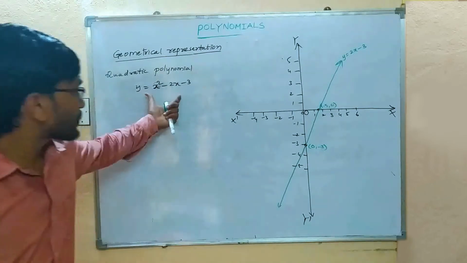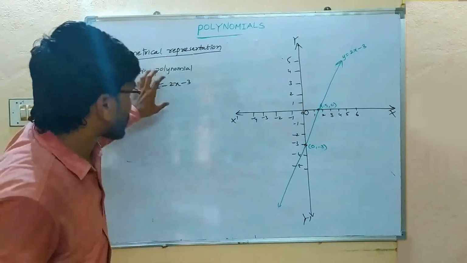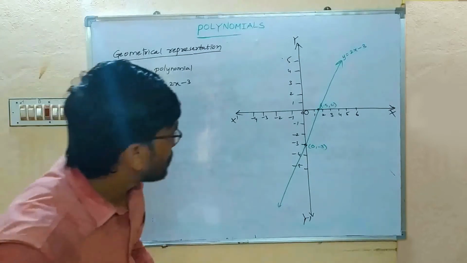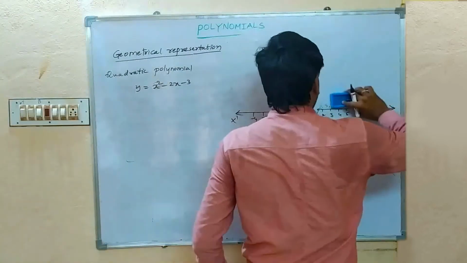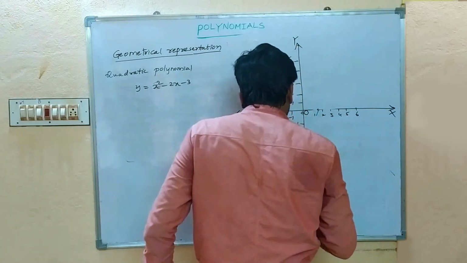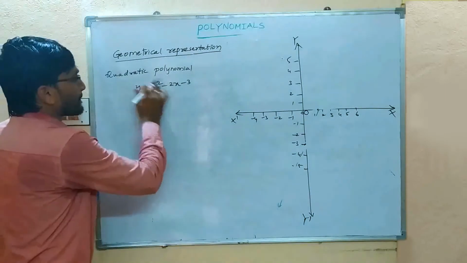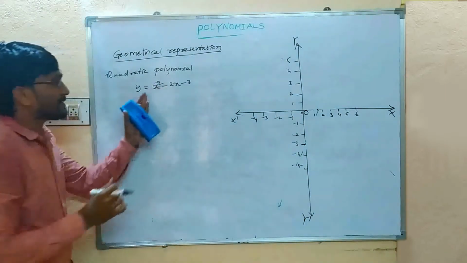This is the quadratic polynomial. For drawing the graph of a quadratic polynomial, first we have to find the zeros of this polynomial.